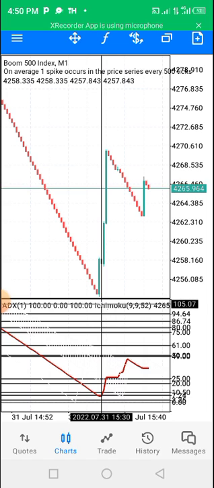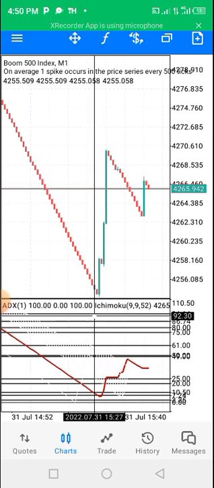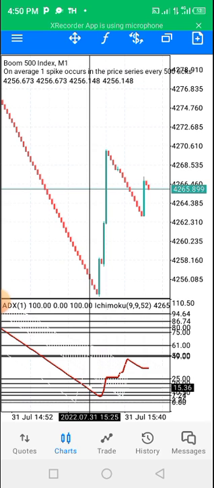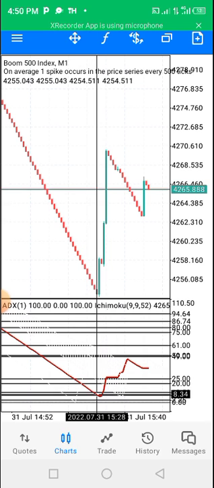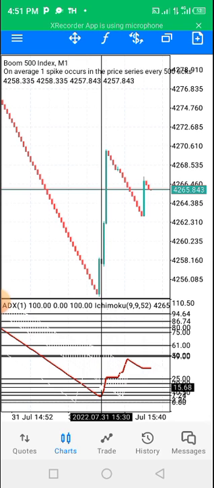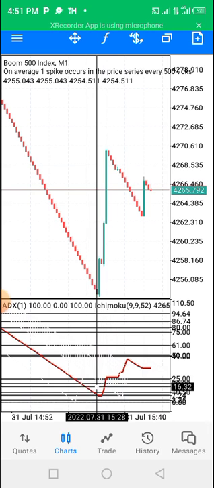And where you have to be more careful is what I just told you earlier. If this red line passes the level 20 and it crosses the level 7.24, it's very advisable you close your trades, because by then you've missed the spike. It's very important that you take that into consideration.